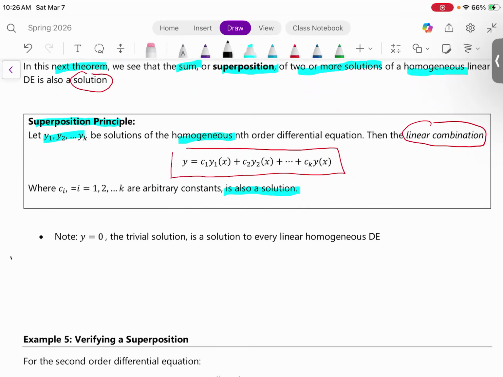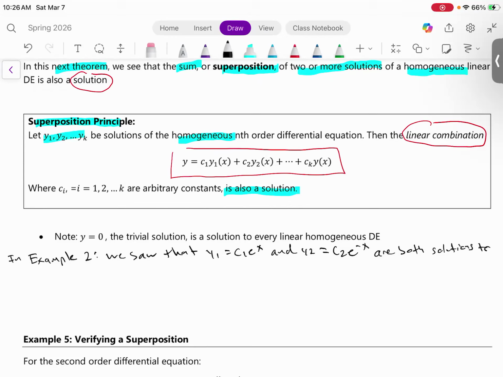If you can recall, in example 2 in this section, we saw that a solution y1 equals c1 e to the x, and another solution y2 equals c2 e to the negative x, are both solutions to the homogeneous differential equation y double prime minus y equals 0.